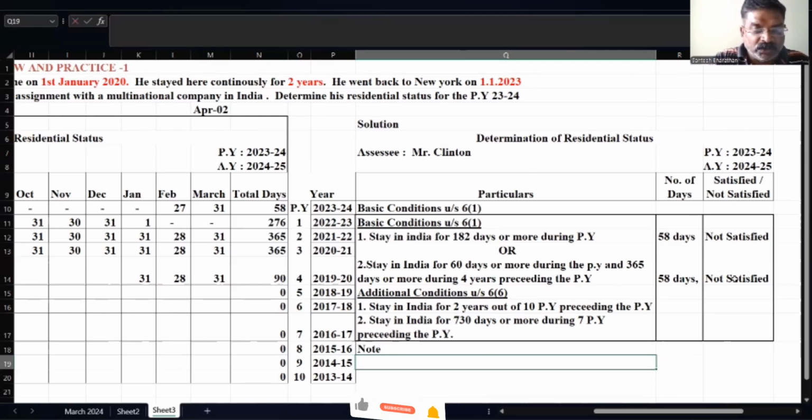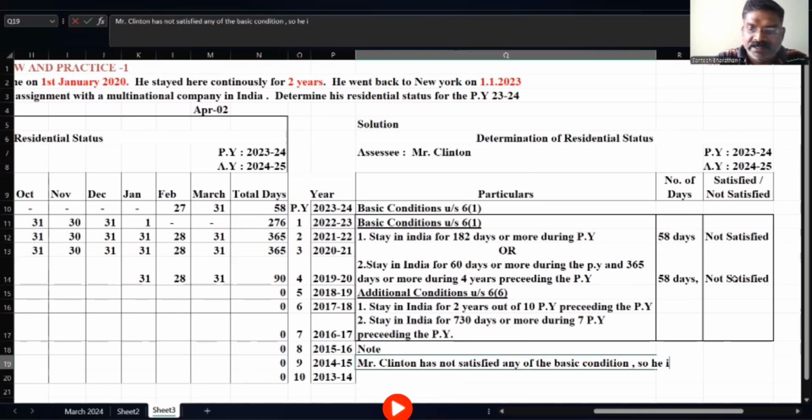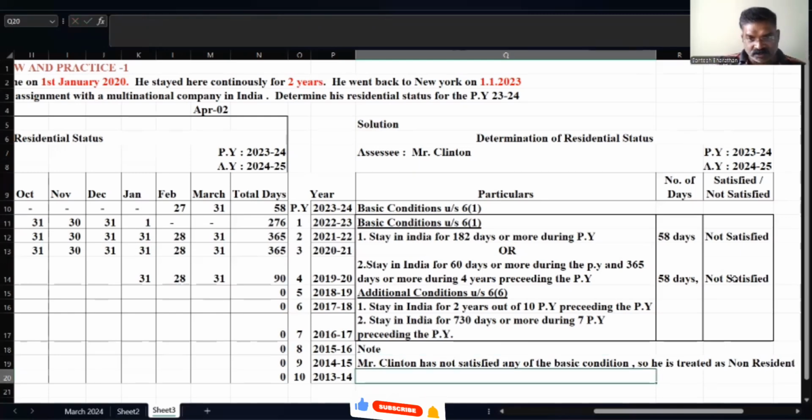So I will say in the note, Mr. Clinton has not satisfied any of the basic conditions, so he is treated as a non-resident.